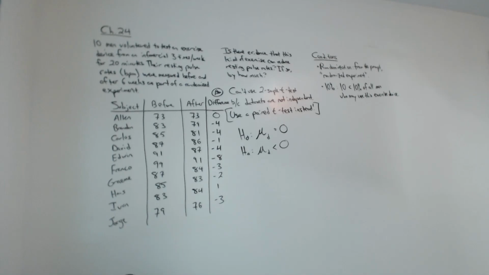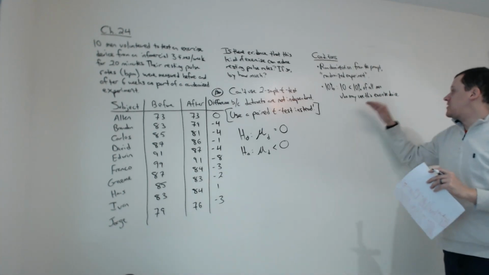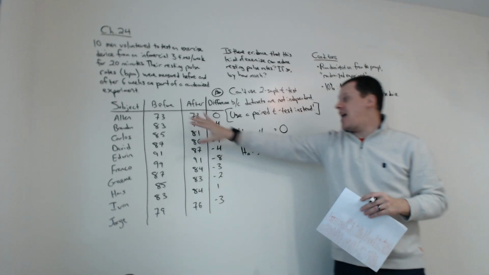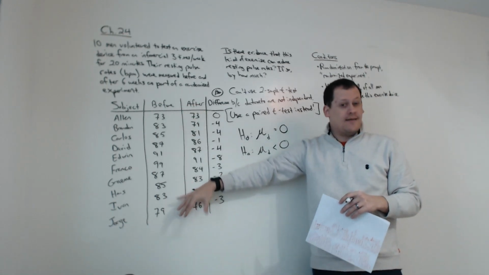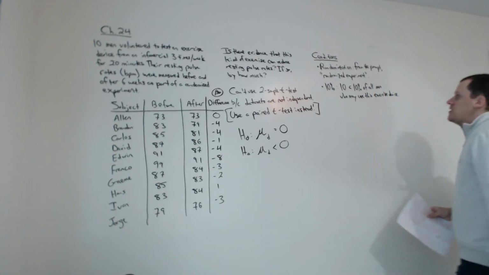Okay? I suppose the population could be considered to be all men, period. But in particular, we're looking at ones who would use this exercise device. Maybe they're men that have high resting pulse rates already. Okay, randomization, 10%.